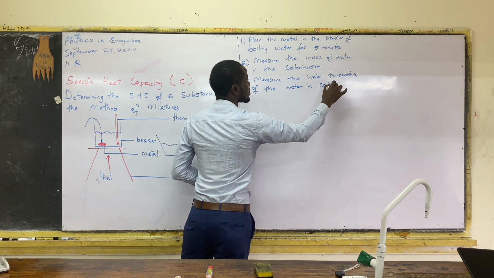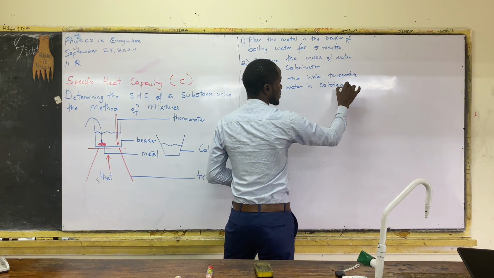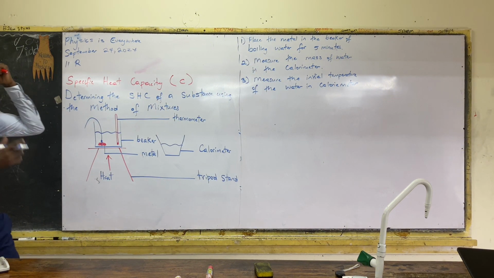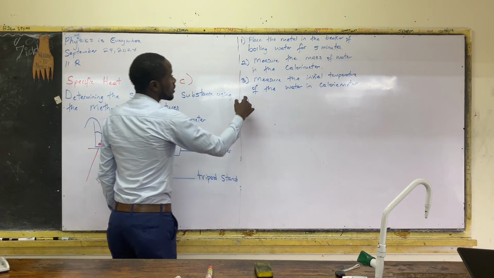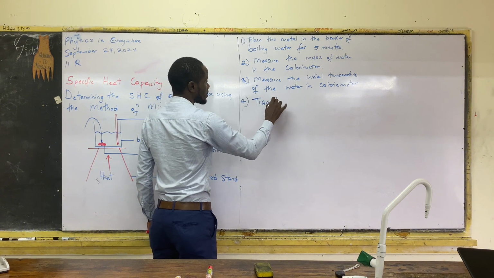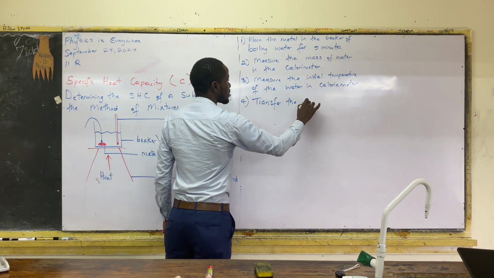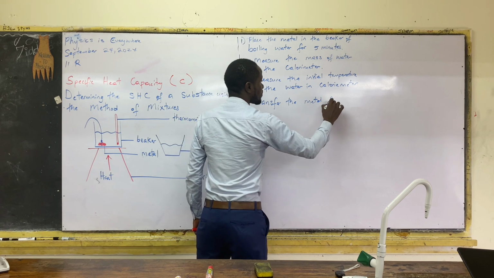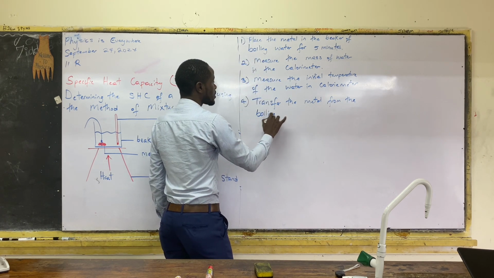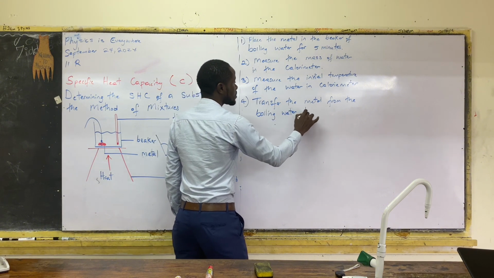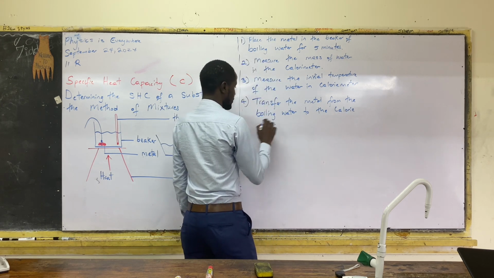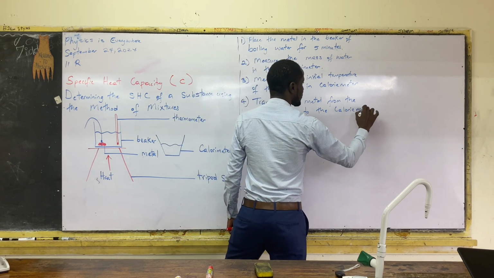You're going to see that your lab is going to have something similar to this, but for the sake of the example, I'm just summarizing the method somewhat. All right? Then we're going to transfer the metal from the boiling water to the calorimeter.